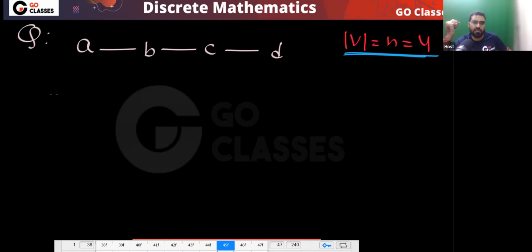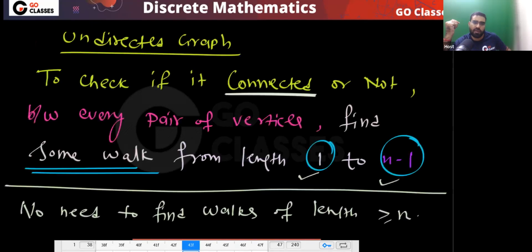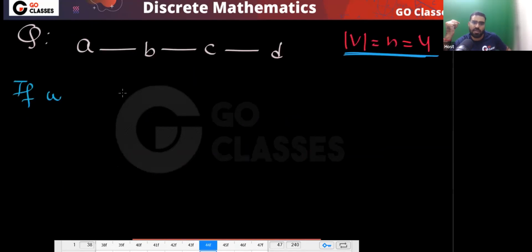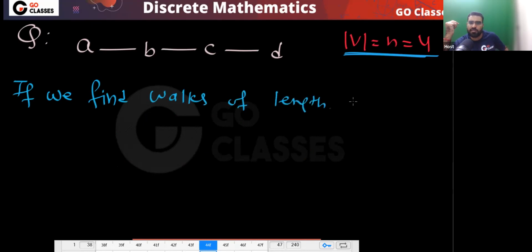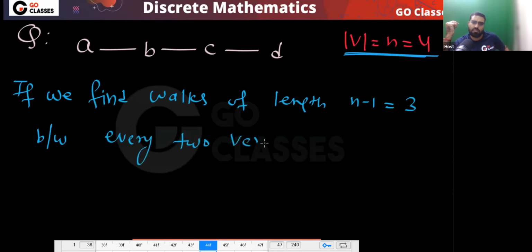If we find walks of length 3 between every two vertices, can I say the graph is connected or not?